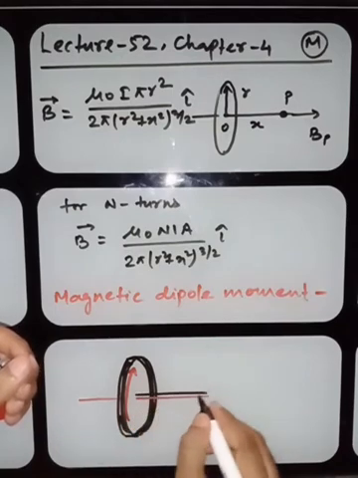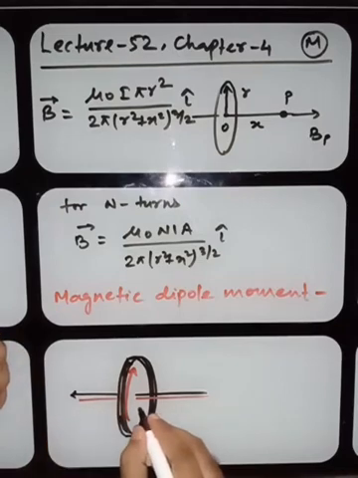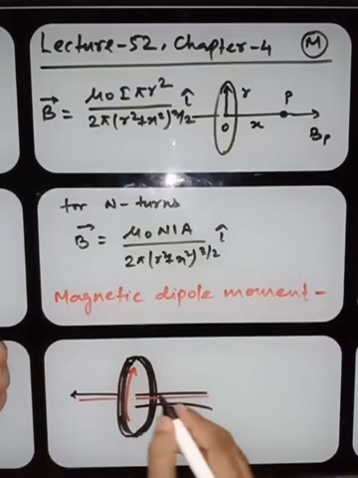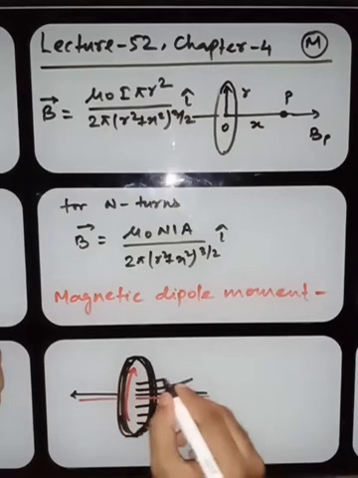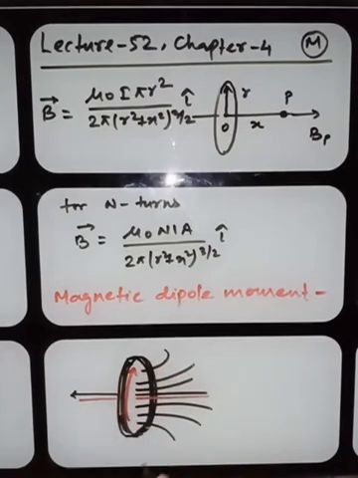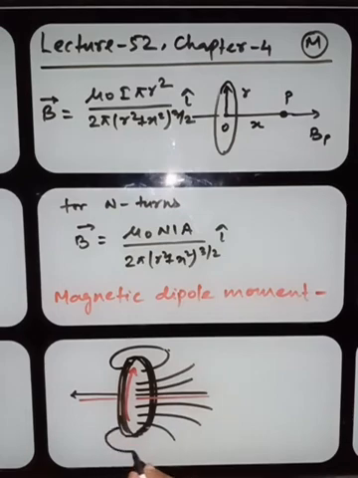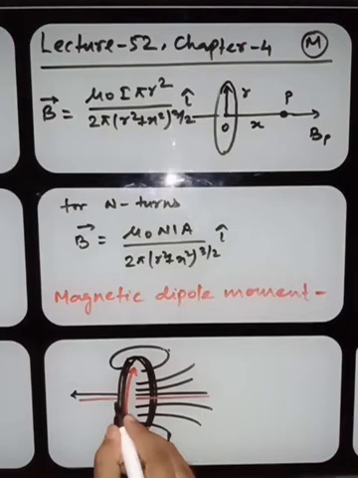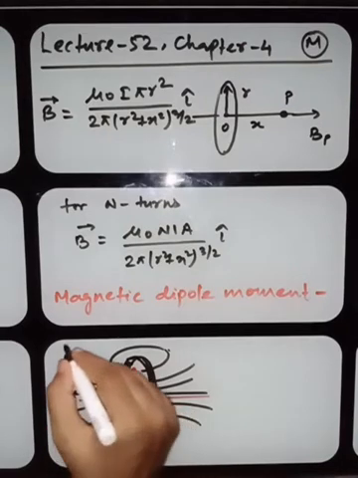Let me draw it here. A little away from the loop, the magnetic field goes in this way, and then it makes a loop this way, my dear student.